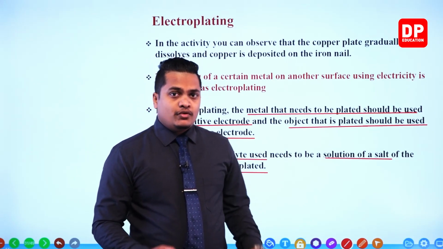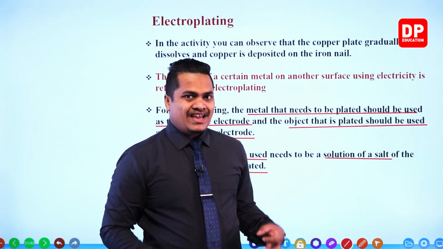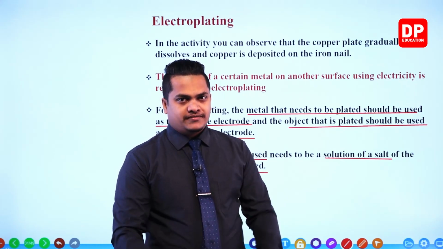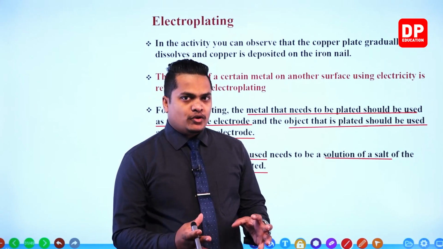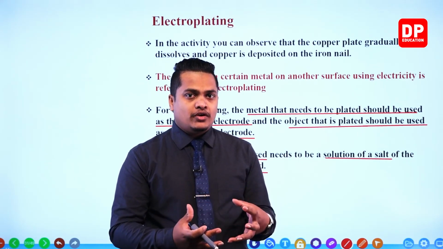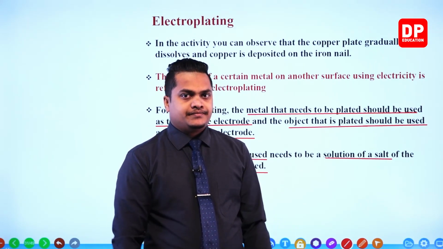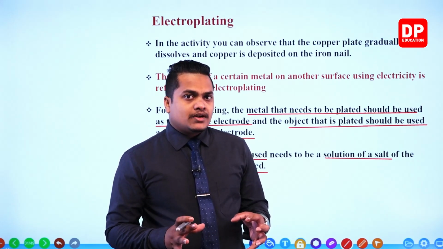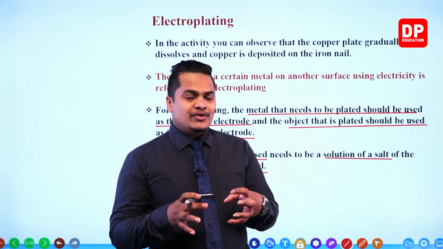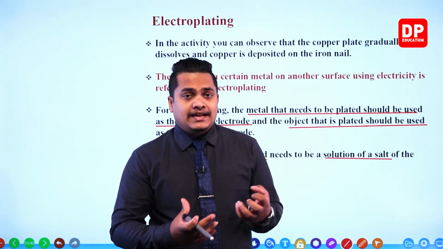That means if you need to plate copper, then you have to take a salt of copper like copper sulfate solution. If you need to plate gold, then you have to take gold sulfate or gold chloride or any kind of an electrolyte that has gold. If you need to plate silver, then you need to apply silver sulfate, silver chloride, silver cyanide, that way.